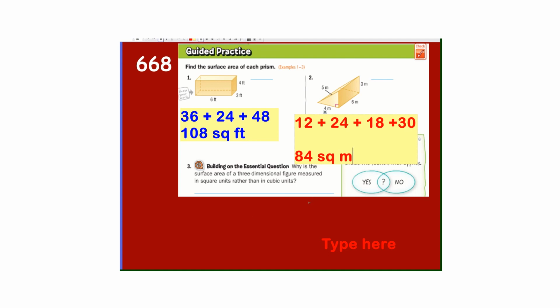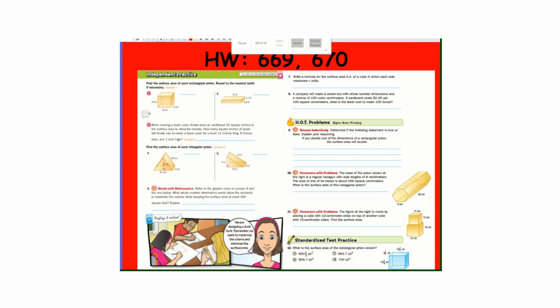Pause if you didn't get that right. Make sure you're looking at those correctly before I flip the page here. So go ahead and give 669 a try. I'm looking at number 6. It says refer to the graphic novel in lesson 4, so you're going to have to back up a few pages. Okay? And that's it for this lesson.